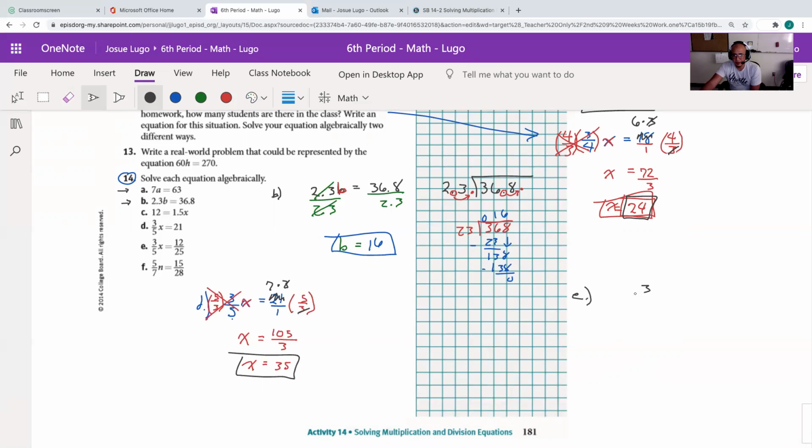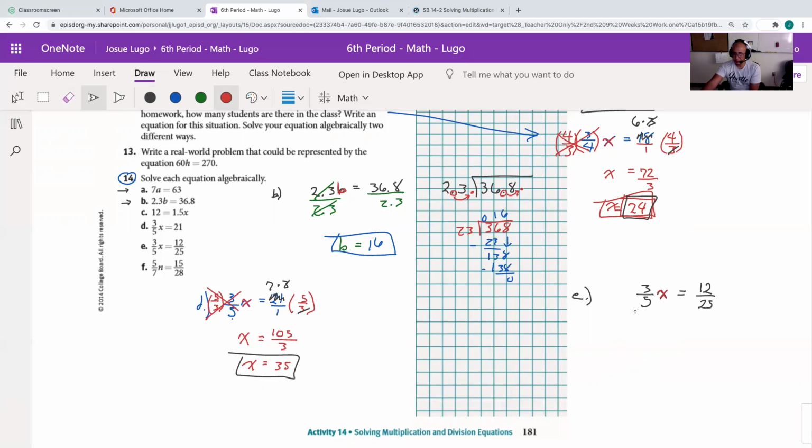We have 3/5, once again, times x is equal to 12 over 25. Don't let that fraction scare you. We're not even going to worry about this side right now because the variable is over here on the left side. So let's go ahead and isolate the variable.